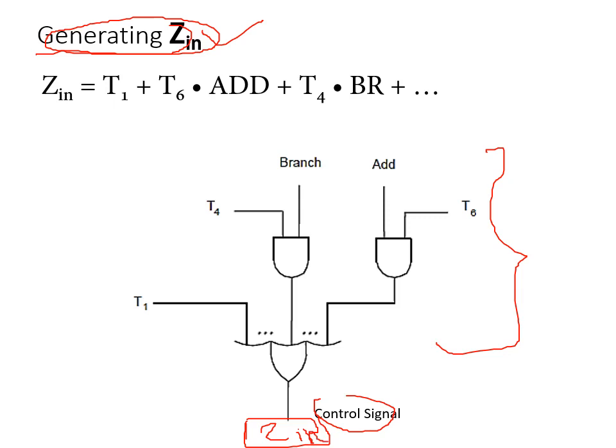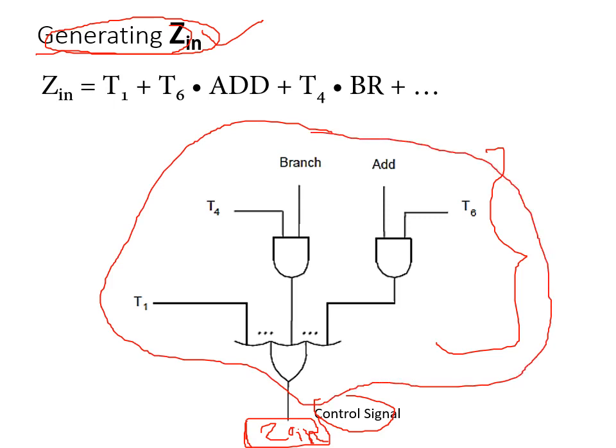Do you remember? Outside the processor there is a Zin circuit which is responsible to physically, or electronically, execute Zin: go to the Z register, open its gate, allow the ALU output to enter Z. So there is a circuit here, and this whole circuit is inside the processor.